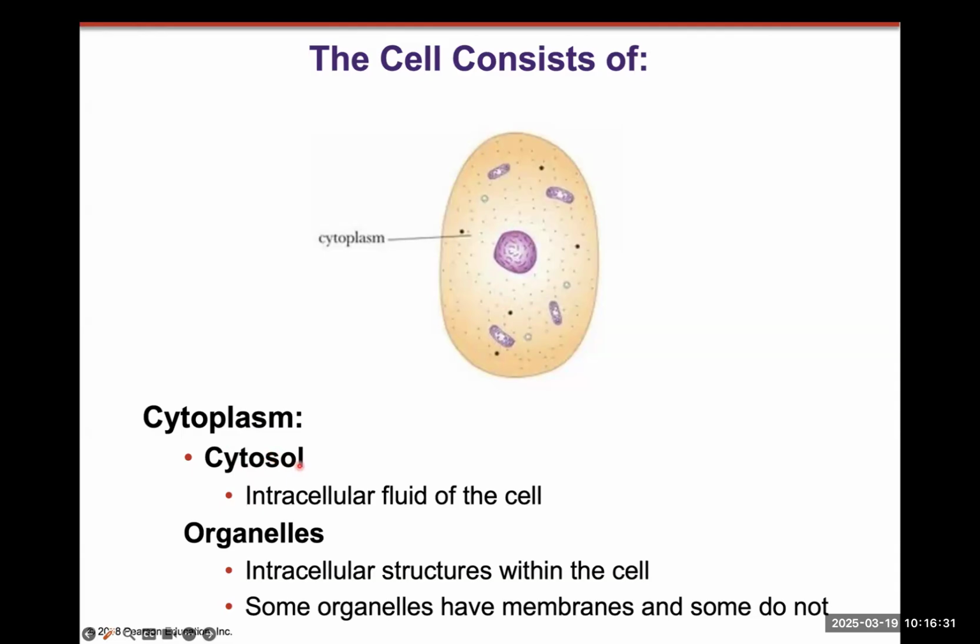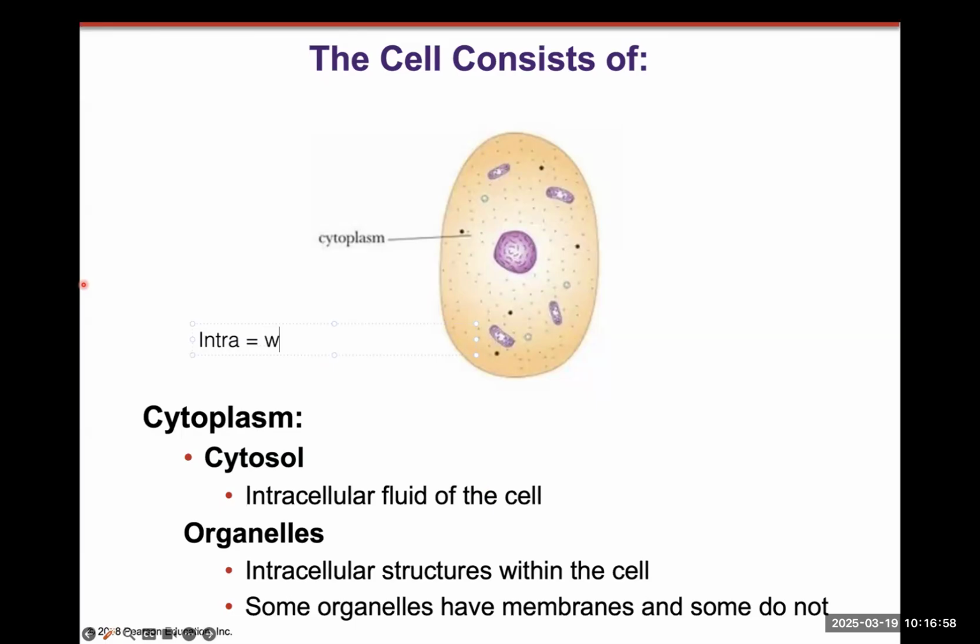So in this case, inside you have the liquid that's the fluid inside the cell, and this liquid is considered to be the intracellular fluid of the cell. The term intra, we will be using many times. It's going to come up again and again.